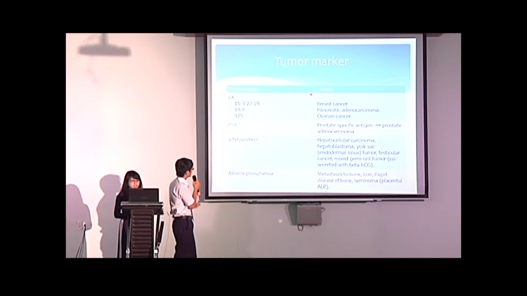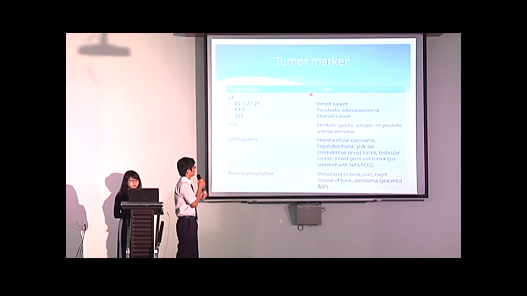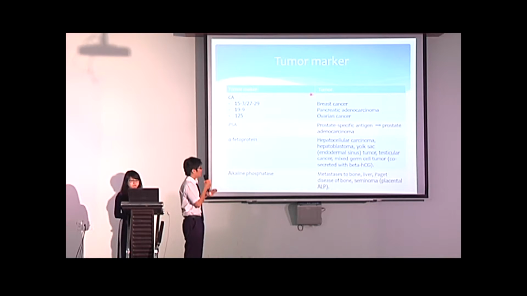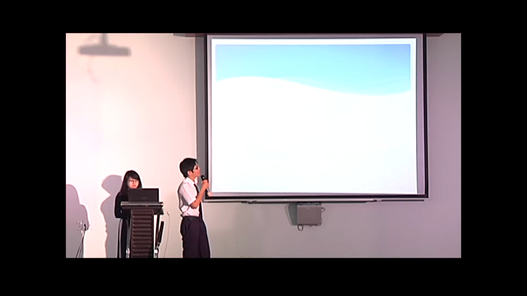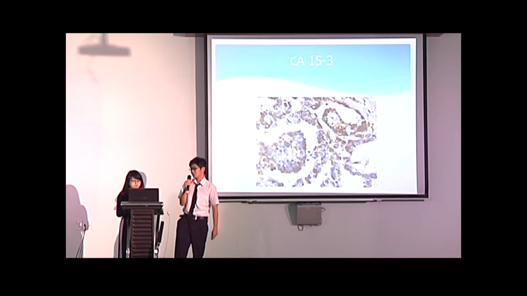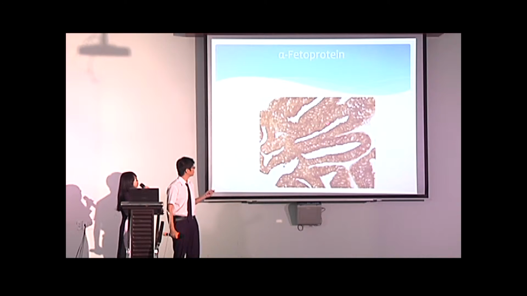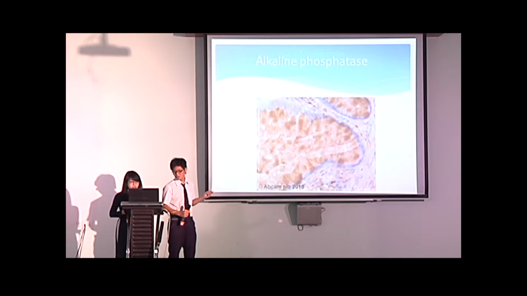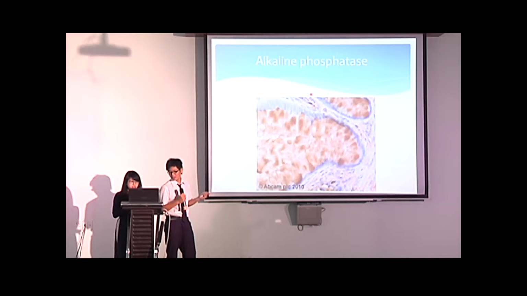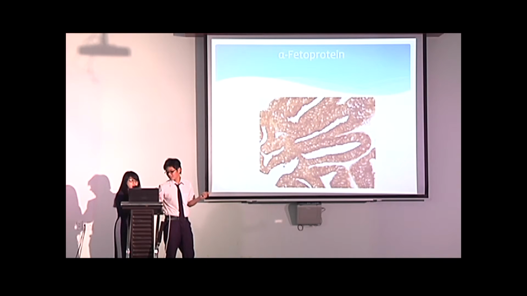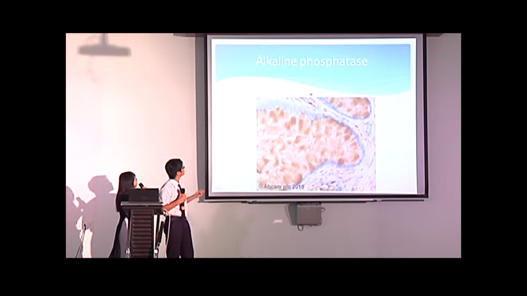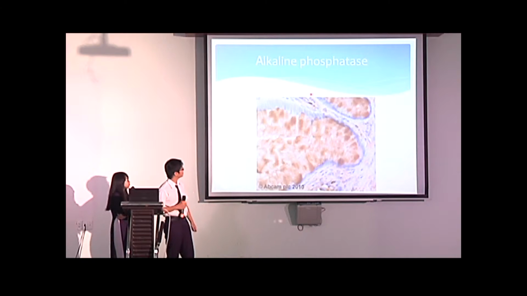These are the markers we usually use in the hospital, in blood tests or microscopic pathology. This is CA 15-3. This is alpha-fetoprotein staining.